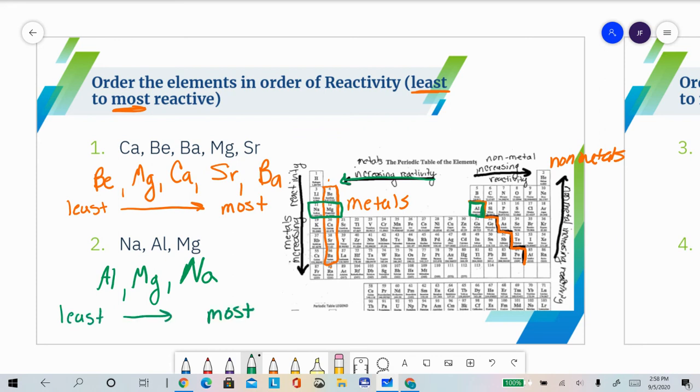And that is because aluminum has more protons than sodium, and sodium has fewer protons, so it will more easily lose that electron.